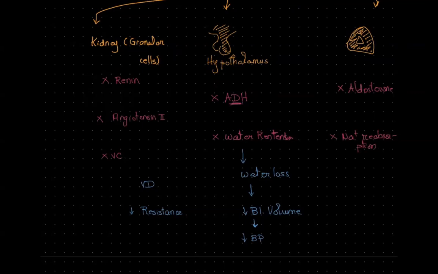And if I'm preventing the sodium reabsorption, the sodium and the water that was following it will be lost out in the urine. So I will have a sodium and water loss. This results in a decrease in my blood volume, which ends up reducing my blood pressure.